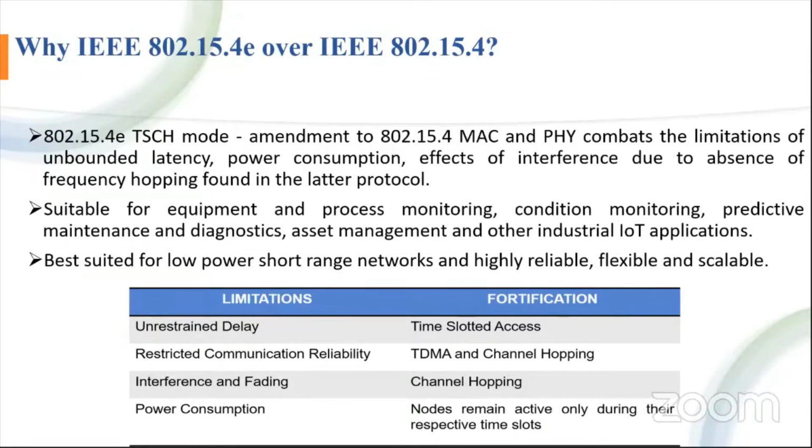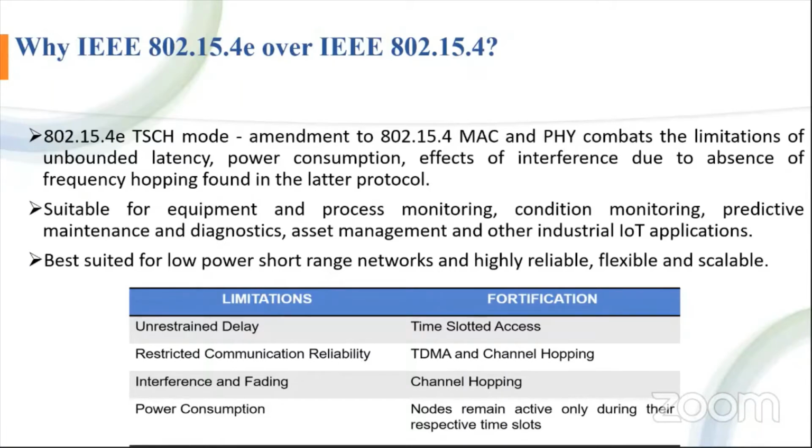Suitable for equipment and process monitoring, condition monitoring, predictive maintenance and diagnostics, asset management, and other industrial applications. Now, look at the limitations and look at the fortification. Unconstrained delay, you have time slotted access. Restricted communication reliability, TDMA and channel hopping, bringing in huge amount of reliability into the system. Interference and fading, again channel hopping coming to your rescue.